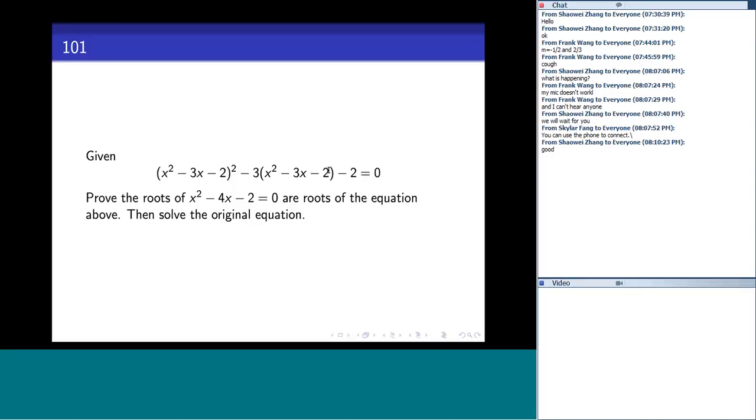Okay, that one is funny. Prove that every root of x squared minus 4x minus 2 equals 0 is also a root of the equation above. Then solve the original equation. Who is it?